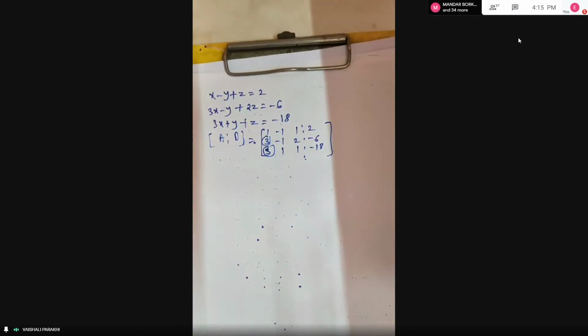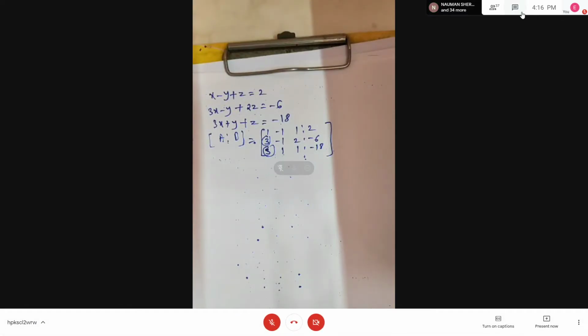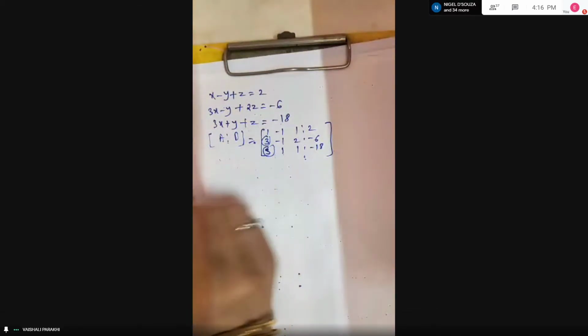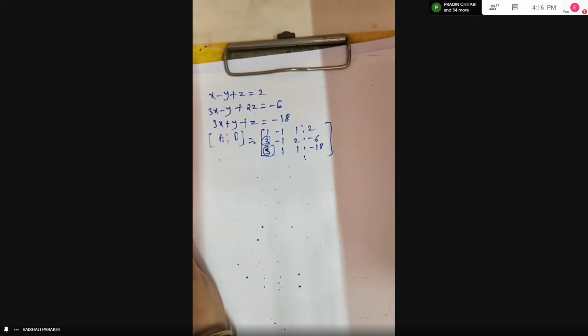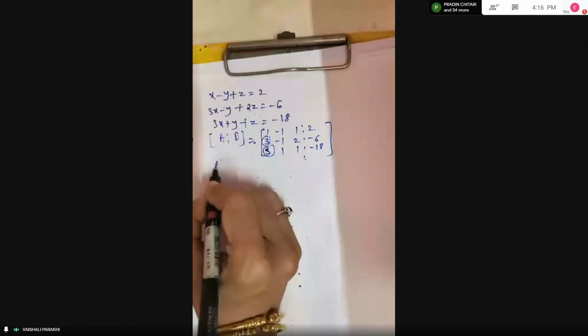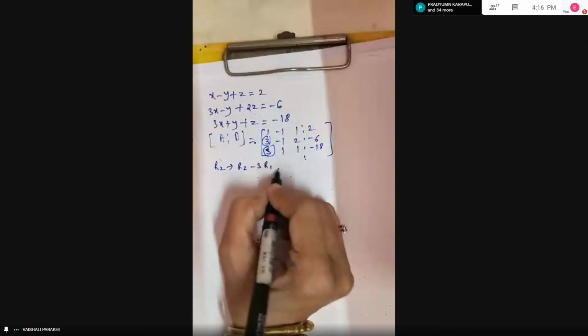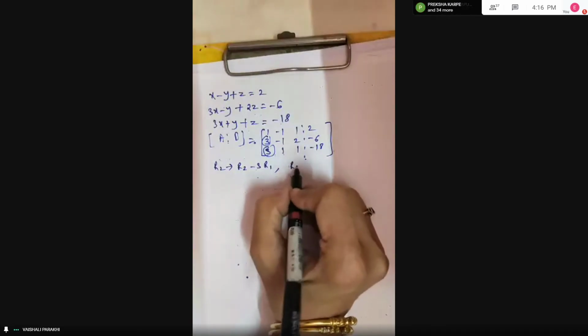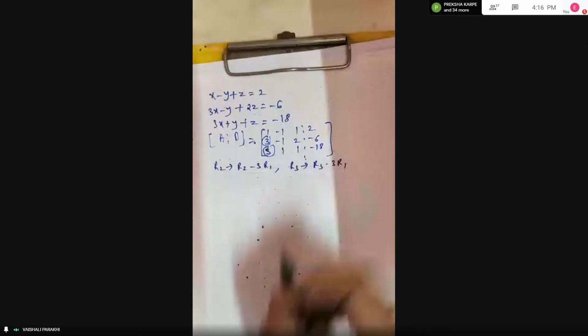So quickly, Riva, can you tell me what the transformations are? R2 goes to R2 minus 3 R1 and R3 goes to R3 minus 3 R1. Very good.